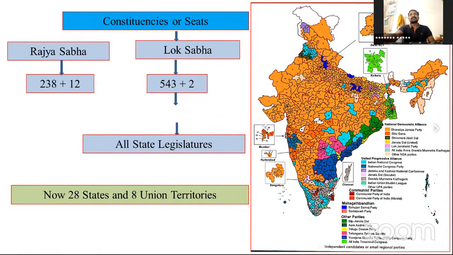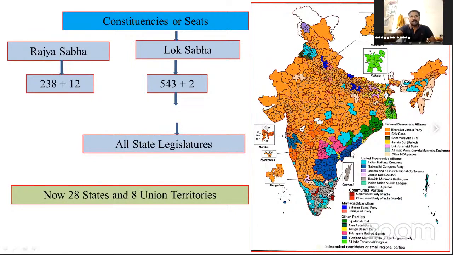Recently amended, Jammu Kashmir and Ladakh were treated as union territories. So this is our India recently, according to the general election 2019, the 17th general elections conducted by the Election Commission of India. Now look at this picture carefully, particularly our Telangana.